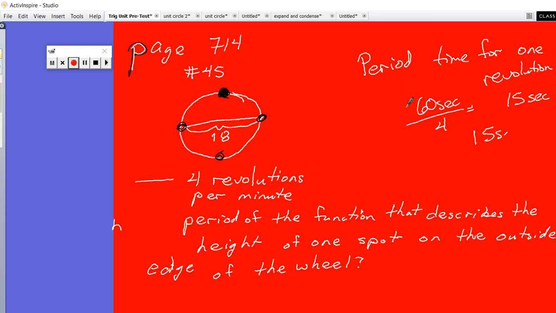So that is the period, 15 seconds. This black point would go all the way around the wheel in 15 seconds. So I could calculate its placement anywhere on that wheel by knowing the period's 15 seconds and plugging that into the rest of the formula for the sine or cosine.